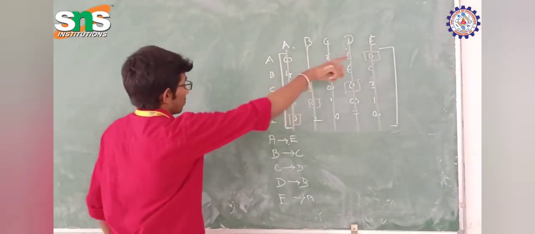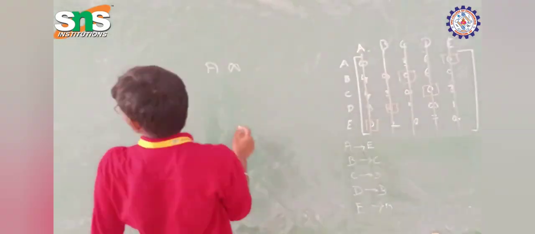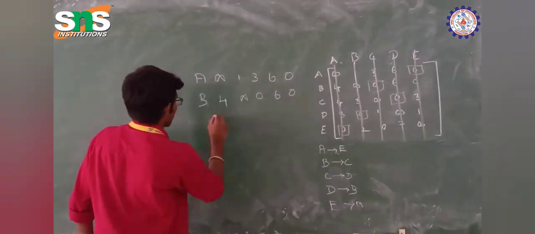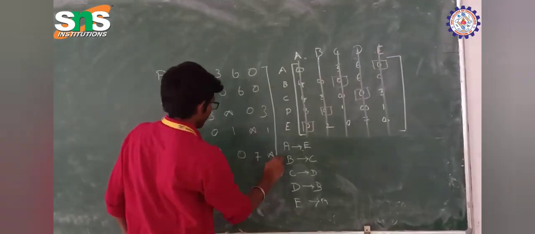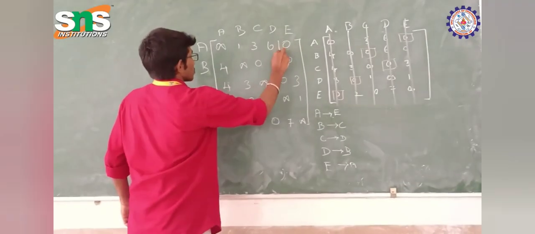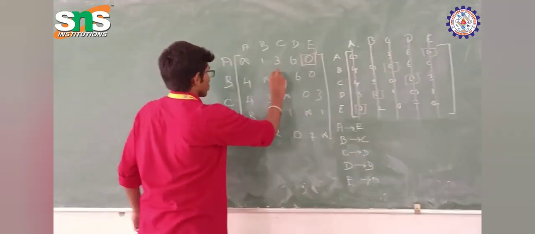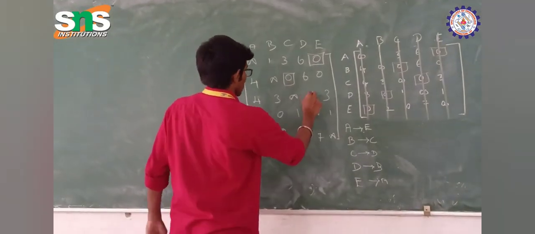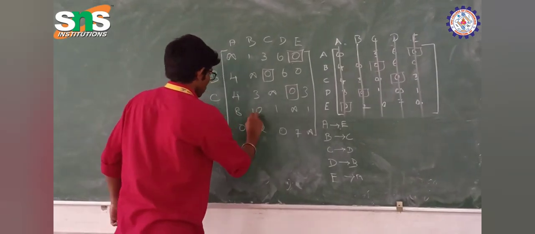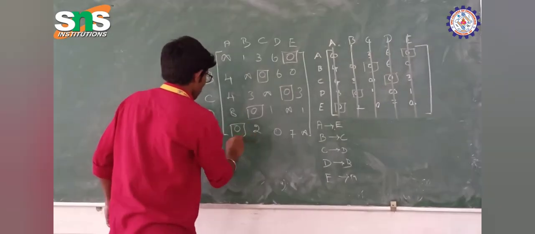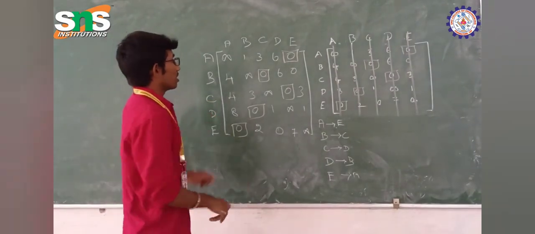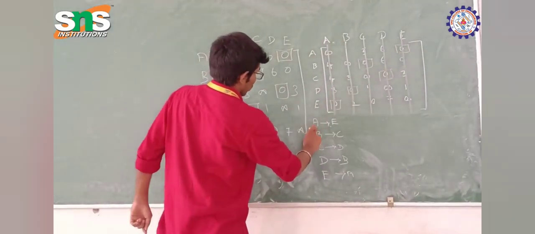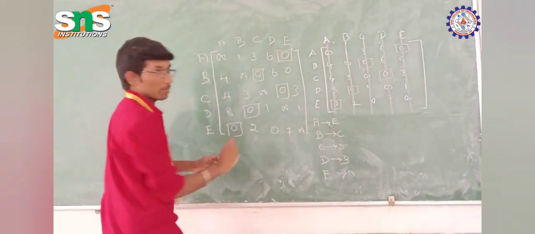Again, we copy this step. Now we copy this previous step. In this step, the salesman first travels A to E, which does not form a proper cycle.